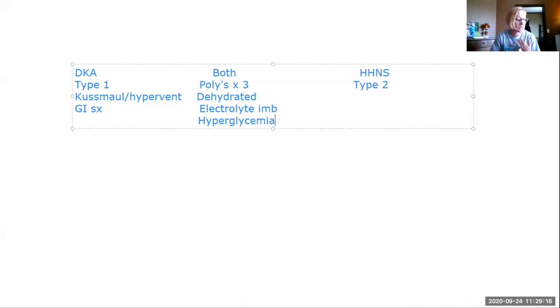So no small respirations, they tend to not have those GI upset symptoms, and they don't look as critical because they don't seem as sick basically, but they still can be if their dehydration and electrolytes are out of whack significantly enough.